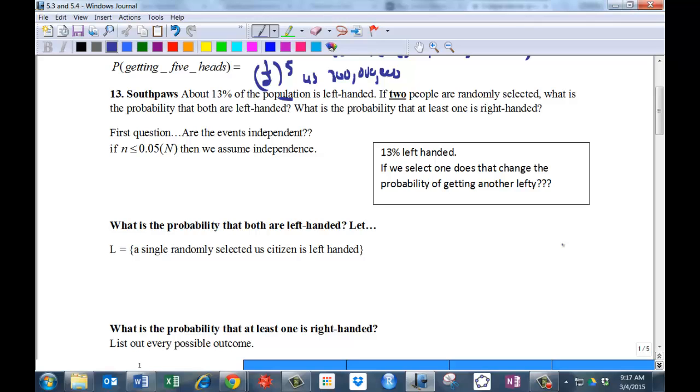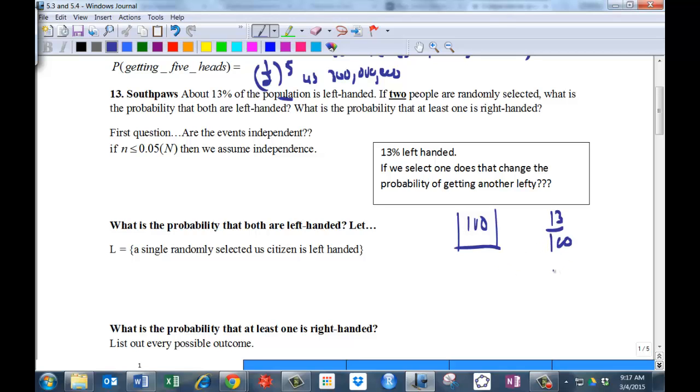One of the first things that you want to ask is, are these two events independent? So basically, does one event affect the other? An easy way to think about this is if you have 100 people, the probability the first one is left-handed is 13 out of 100.